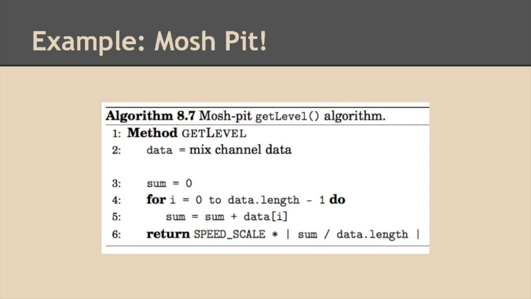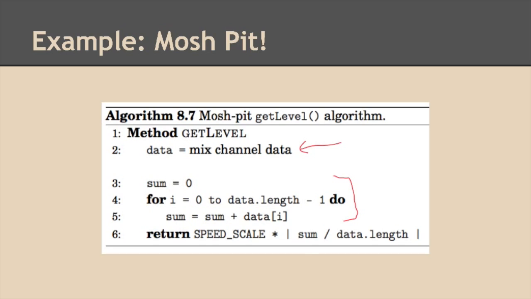And this is an algorithm that expresses that idea. We're going to get our data from the audio player. This will be from the mix channel, so it'll be actually looking at both channels, the left and the right stereo channels. And that data is actually an array of floats. So in the next piece, we're going to add up all the values in that array.